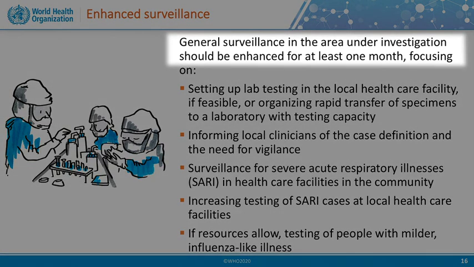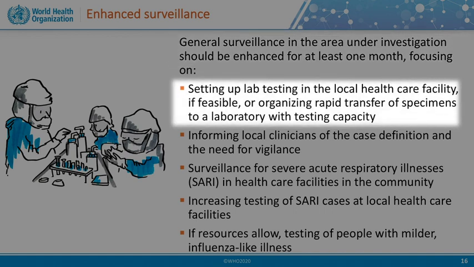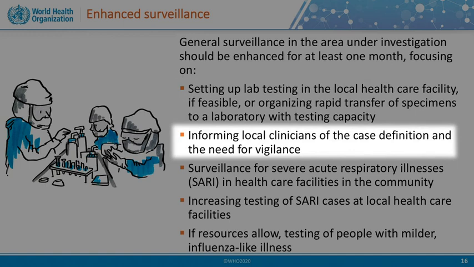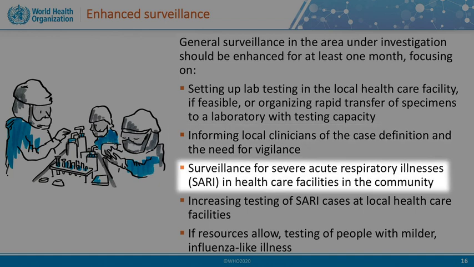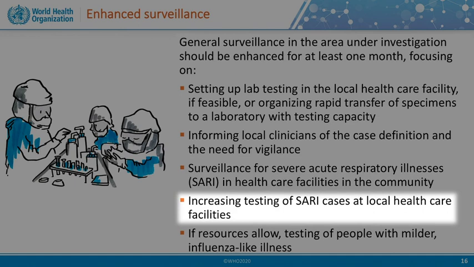General surveillance in the area under investigation, meaning the area where you've identified cases, should be enhanced or increased for at least 1 month, focusing on setting up lab testing in local healthcare facilities, if feasible, and organizing the rapid transfer of specimens to laboratories that can conduct testing, informing local clinicians in the area of the case definition and the need for vigilance to identify further cases, to conduct surveillance for severe acute respiratory illnesses, or SARI, in healthcare facilities in the community, and to increase testing of those patients with severe acute respiratory illness at local healthcare facilities.